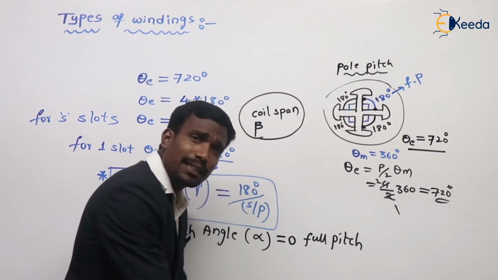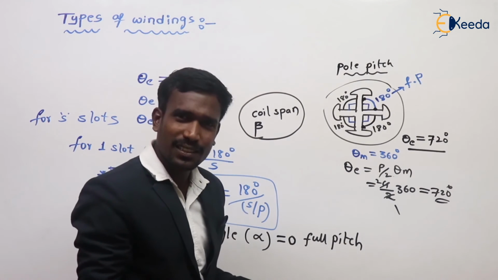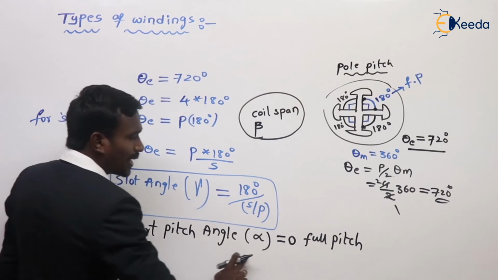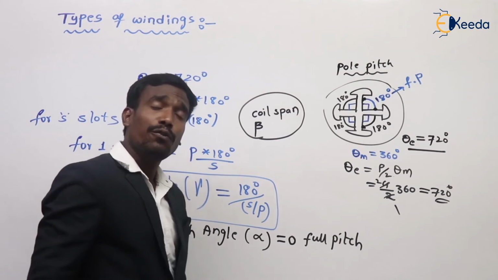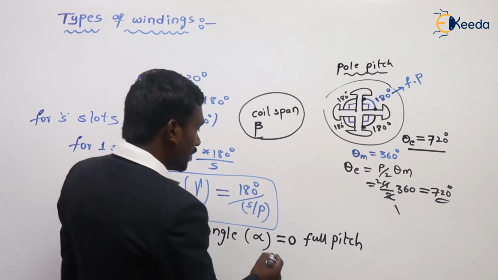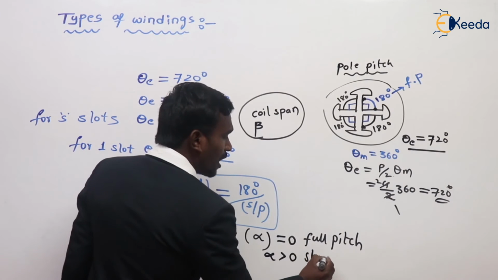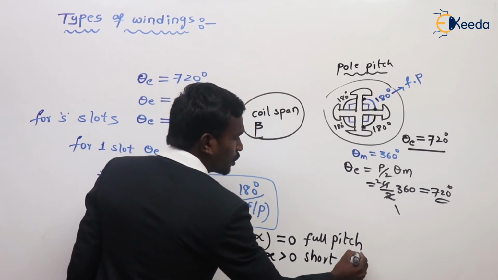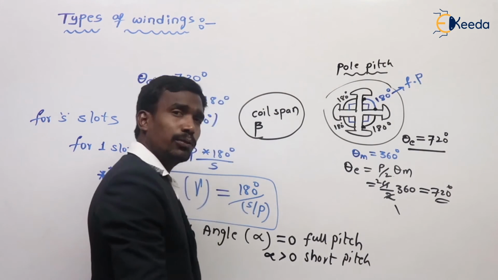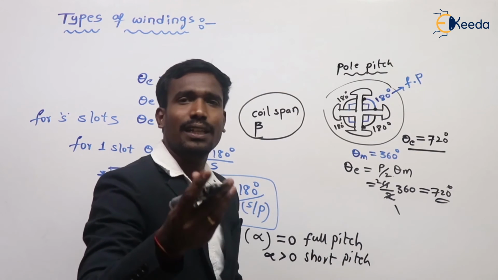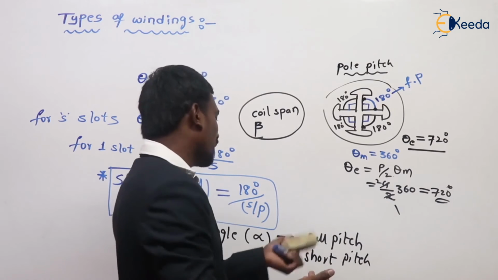Full pitch is nothing but there is no short pitch. So short pitch angle is 0 for full pitch winding. This alpha is greater than 0 for short pitch winding. For short pitch winding, this value may be 1 degree, 2 degrees, 10, 15, 20, 30, 40, 60, whatever it may be.